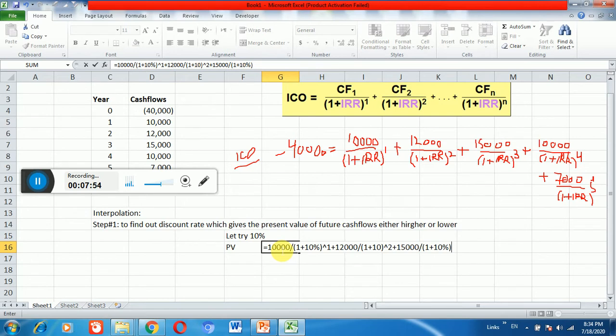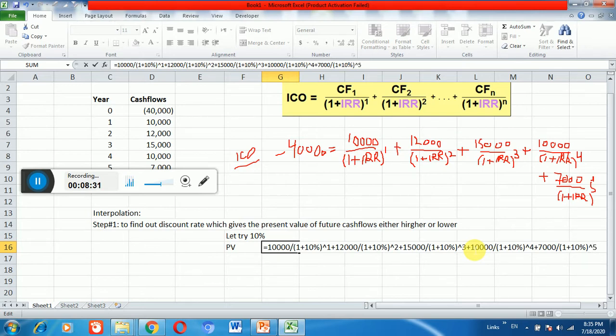Dear students, make sure these are percentages. Then plus 10,000 again divided by 1 plus 10% raised to power 4, and then plus 7,000 divided by 1 plus 10% raised to power 5.